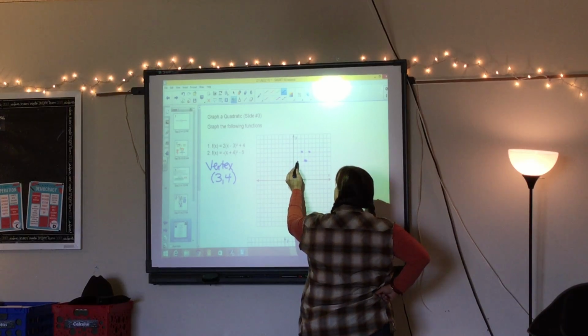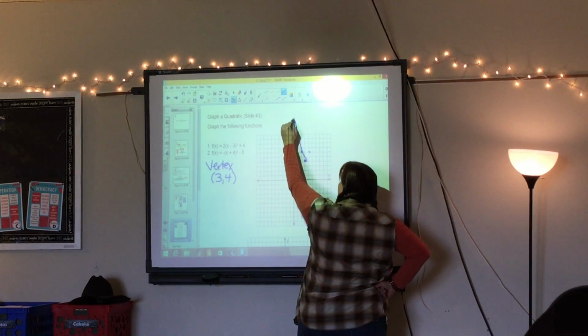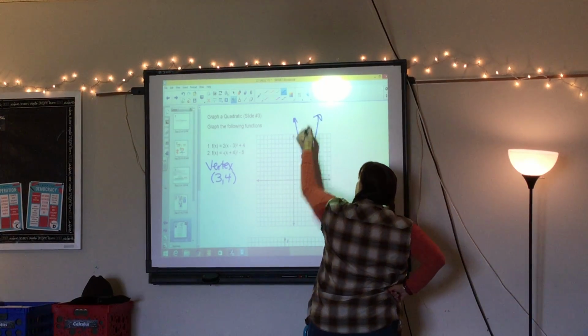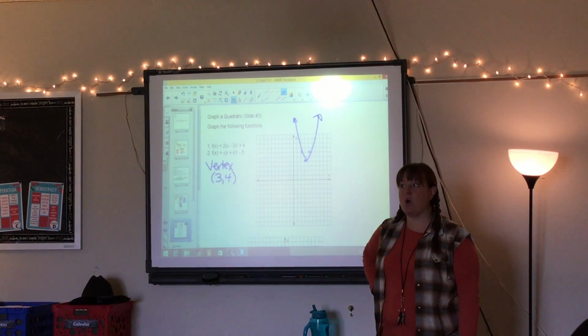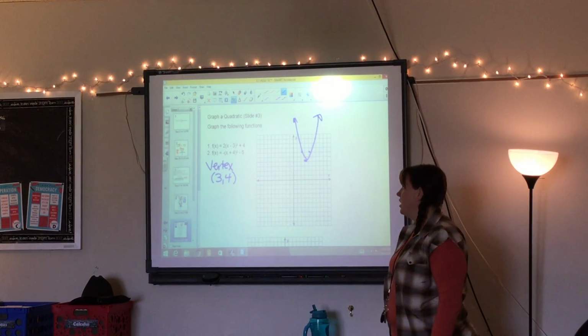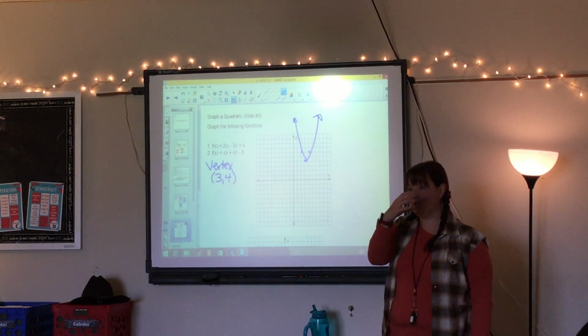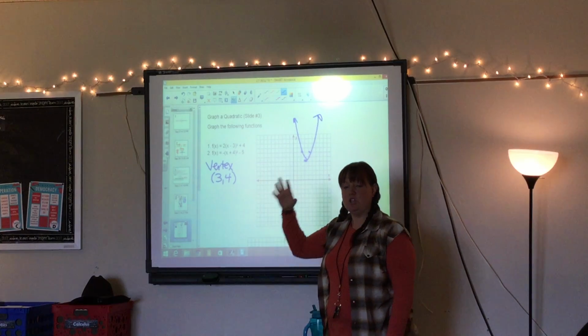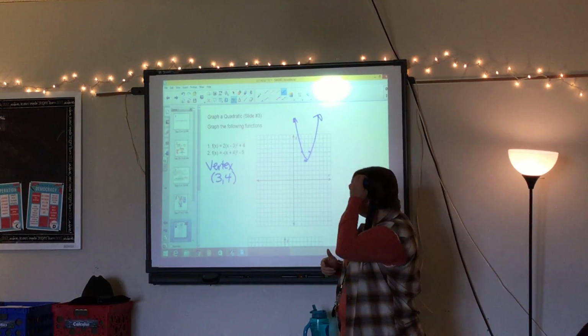Over 2, it would be up 8, which is way up here, so we're just going to wing it on that one. Make that beautiful parabola. You can graph the parent function and do all the transformations, but when it's in vertex form, you can graph it without having to do all those transformations in your head.